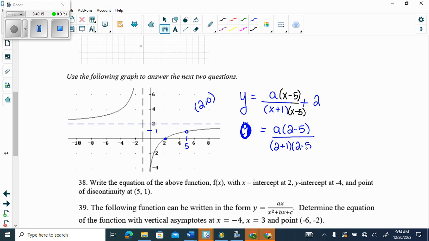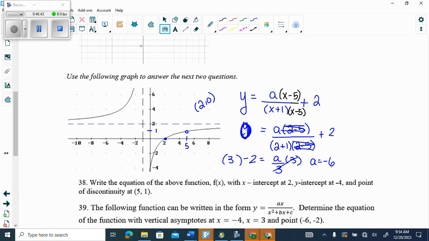Do we really need to keep these in here when we solve for A? No, we don't even need to include these, because what are they going to always do? Cancel. You have one on the top and one on the bottom. You have to put them back when you're given the equation. Then plus 2. Subtract the 2 over, I get -2 equals A over 3. Multiply by 3, and what's my A? -6.